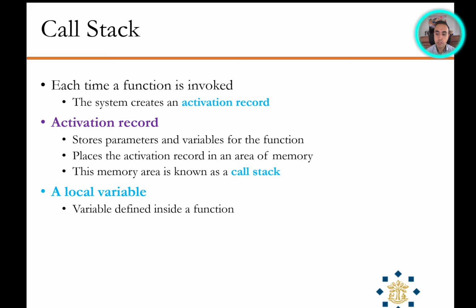All right, so this is one final topic that I'd like to discuss. It's called a call stack. So each time a function is invoked, the system creates an activation record. So an activation record stores parameters and variables for the function.